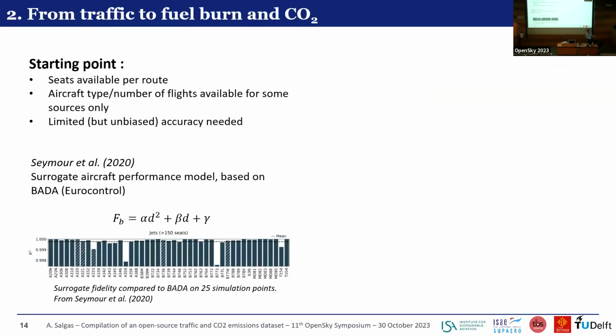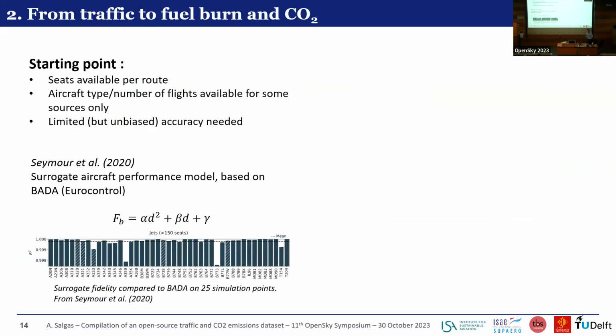And that's being done. We still have to figure out a way to estimate the CO2 emission and the fuel burn. And to do that, I've used the Seymour surrogate that was mentioned in the previous presentation, because it's very simple for our use case and relatively reliable. It has a limited bias.